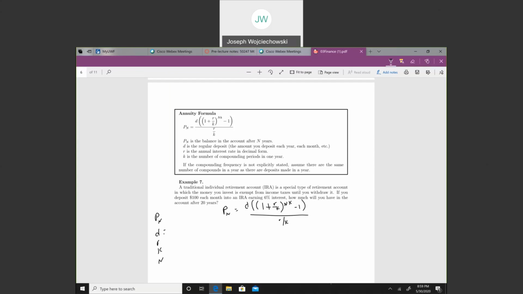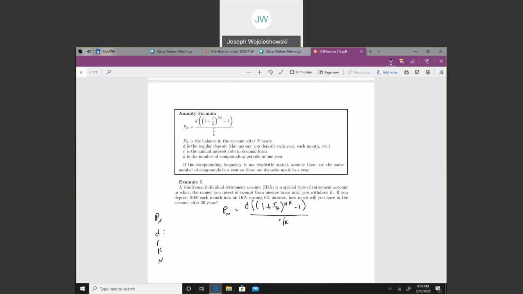So D, which is how much will we be putting in? A traditional individual account, or individual retirement account, an IRA, is a special type of retirement account in which the money you invest is exempt from income taxes until you withdraw it.